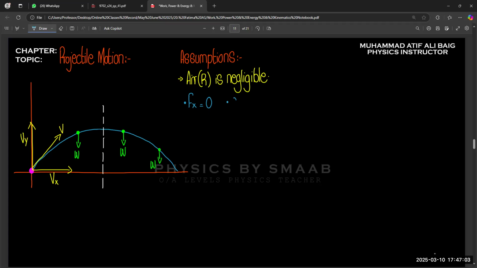In the same way, when there is no force on the x-axis, there will be no acceleration on the x-axis, right? So horizontal force is 0, horizontal acceleration is 0 because there is no air resistance present in the environment.